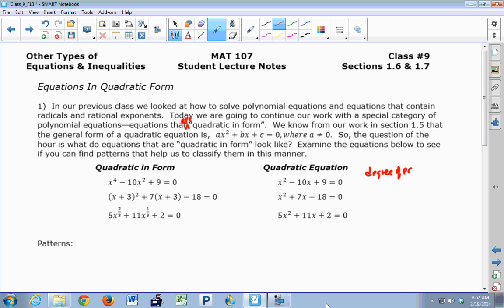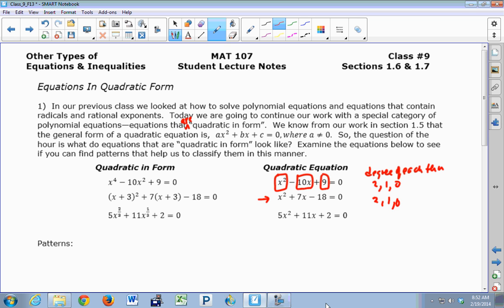A term is this thing right here, anything that's on the other side of an addition or subtraction. So what would be the degree of that first term that I've got in a box there? 2, and then the next one, 1, and then it goes to 0, right? All right, what about the next one down, this one?